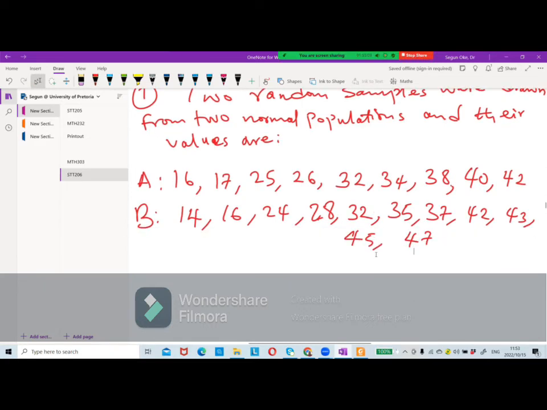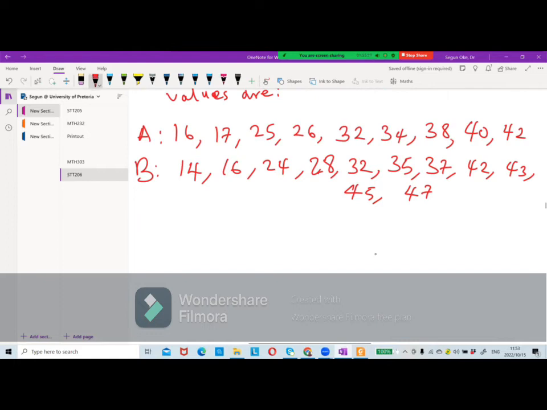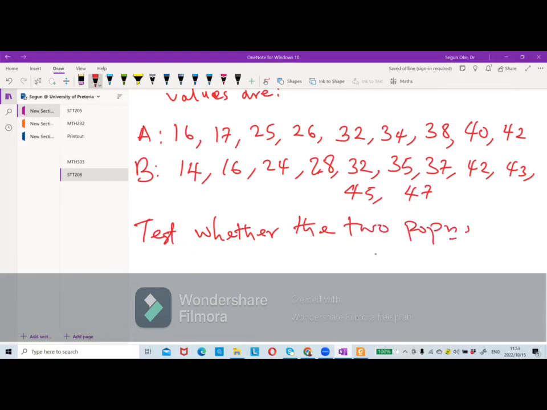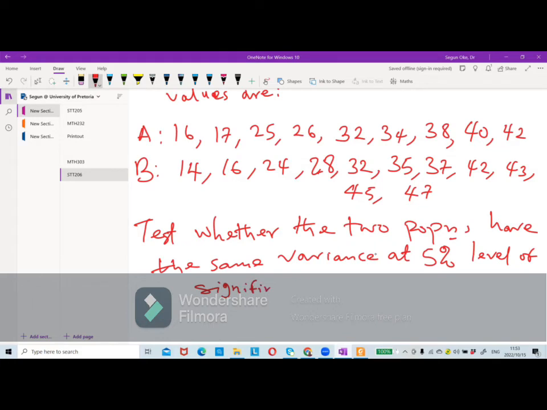You said 11? 11. So the question said, test whether the two populations have the same variance at 5% level of significance.